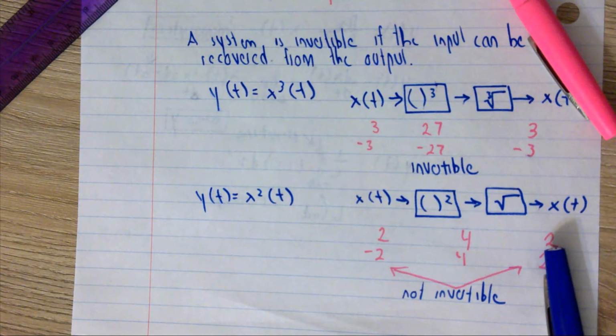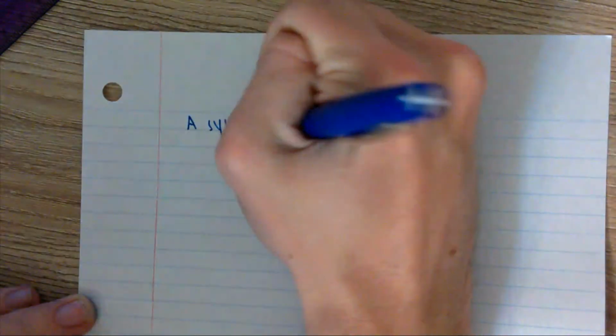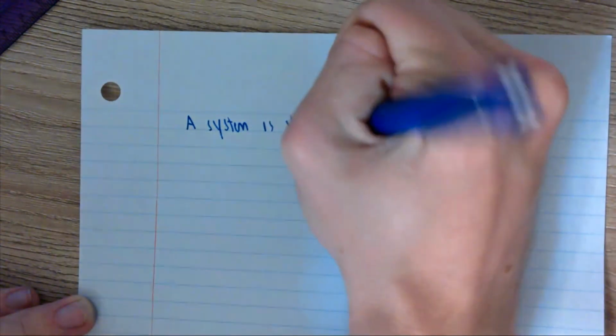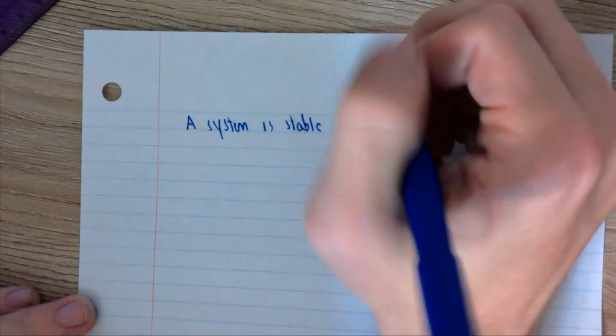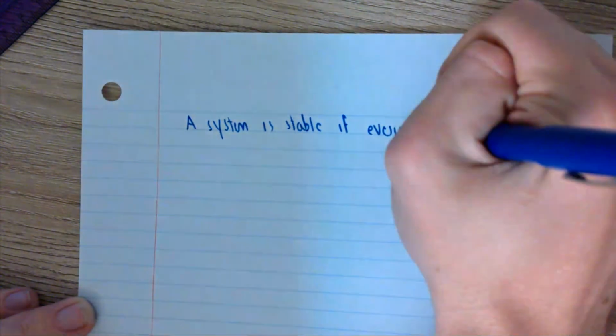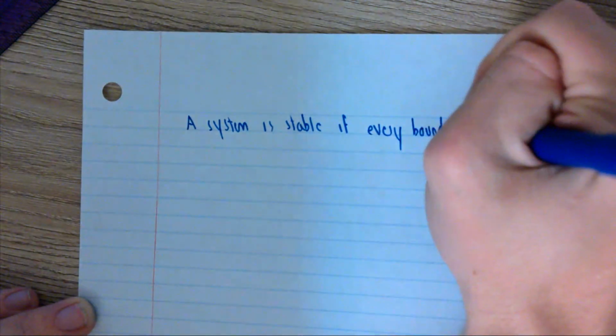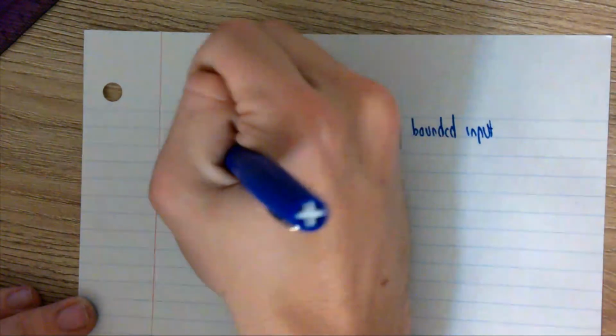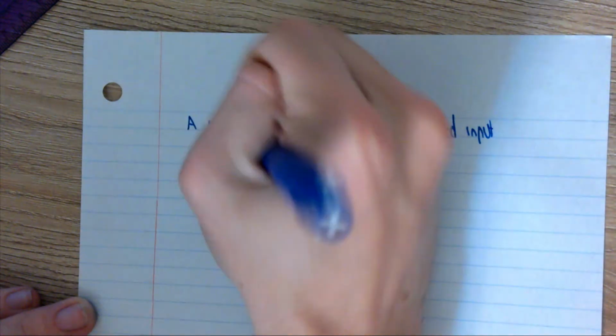A system is stable if every bounded input results in a bounded output.